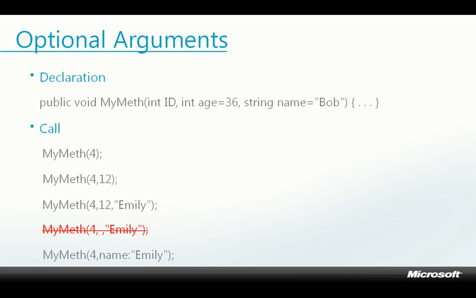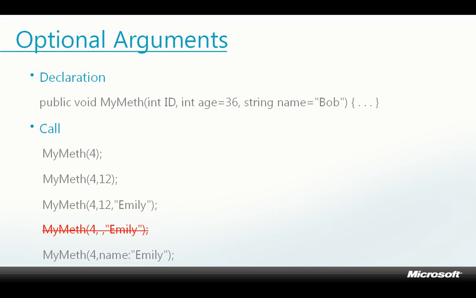In C# 2010, when you define a method, and that includes constructors and indexers and delegates, you can specify that one or more of its arguments are optional. And then when the method's called, the caller can leave out the arguments for any of the optional parameters. Now, to do this, obviously the method code has to provide a constant to be the default value for any optional parameters.